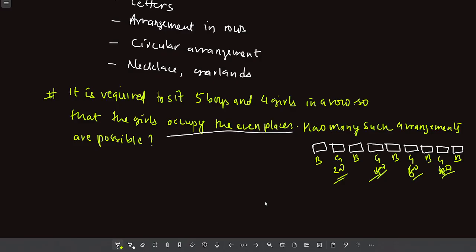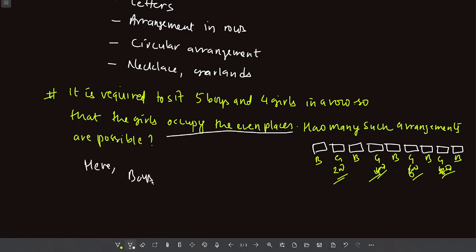Similarly, how many places are there for girls? 4 places. Then in how many ways the girls can be arranged there? 4 factorial. Now, total number of the ways will be how much then? Total number will be 4 factorial times 5 factorial. That is our answer.